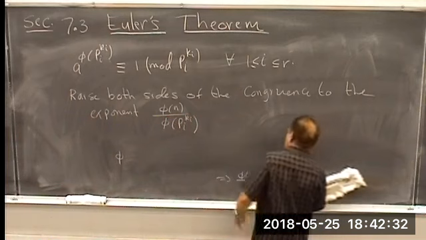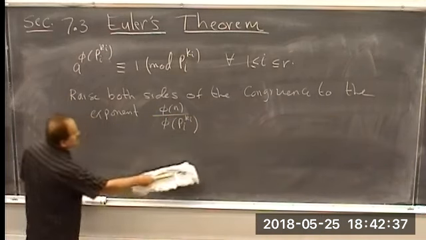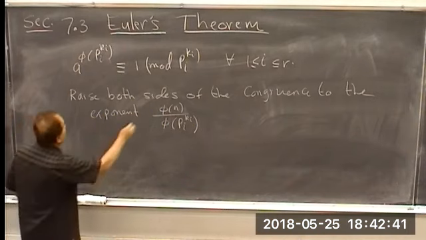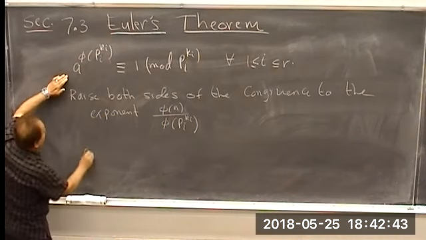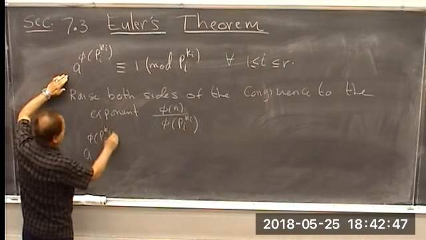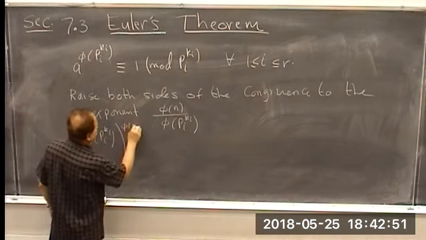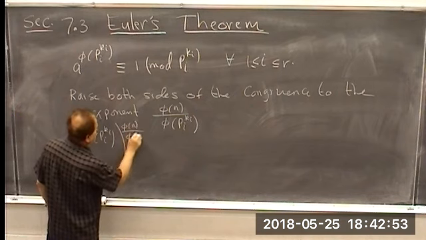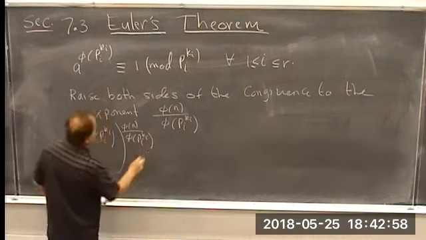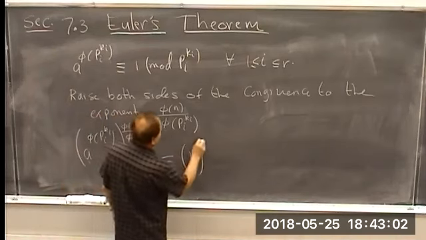So we're going to raise this to this exponent. I got this last line in here, we don't need this. So this side becomes a to the phi of p_i^k_i, and now we're going to raise this all to the phi of n divided by phi of p_i^k_i. And this is congruent to 1 to that exponent.